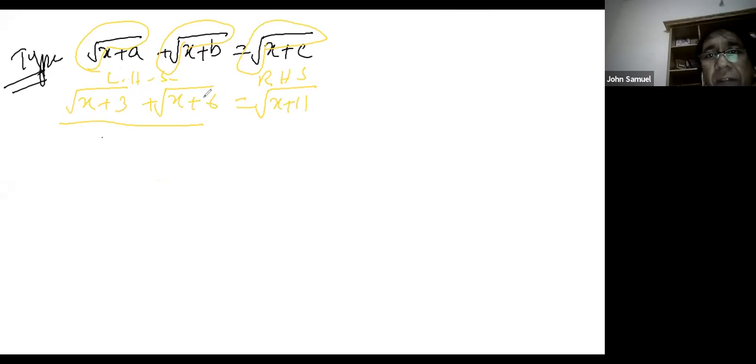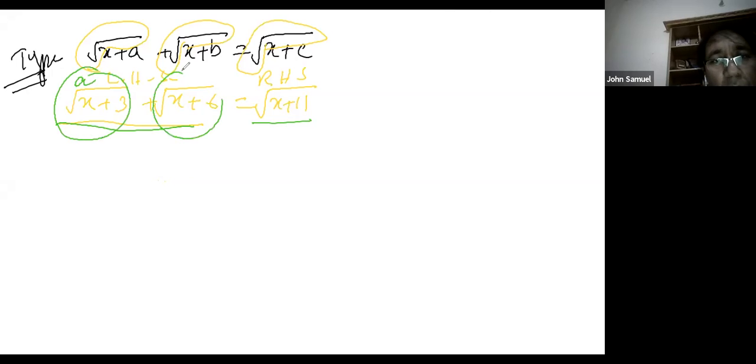This whole is the left hand side, and then the right hand side. So we will solve it accordingly. You know that we will make this value as RA and this value as RB. So we'll apply the formula.